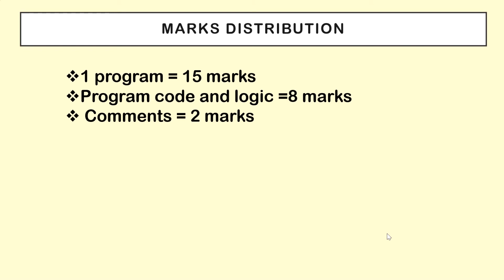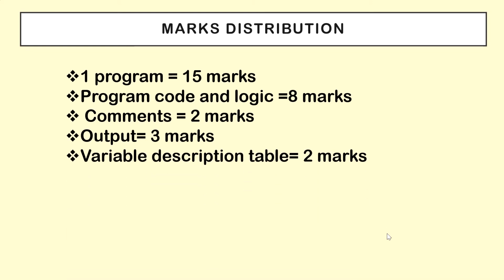The comments, very important in a program, generally used for understanding purposes, carry 2 marks. And the output, according to the program code you have written, carries 3 marks. So output is also very essential, and if it does not flow with the program code or the logic, you will get no marks there.